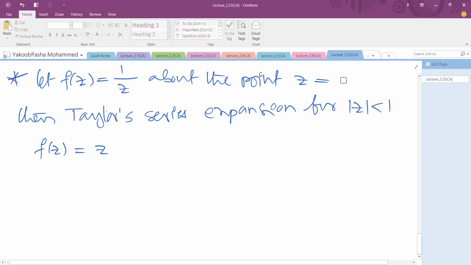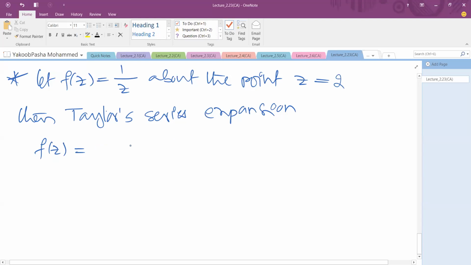You can consider z is equal to 2. Then the Taylor series expansion for this function, we'll discuss later, about the point z equal to 2.